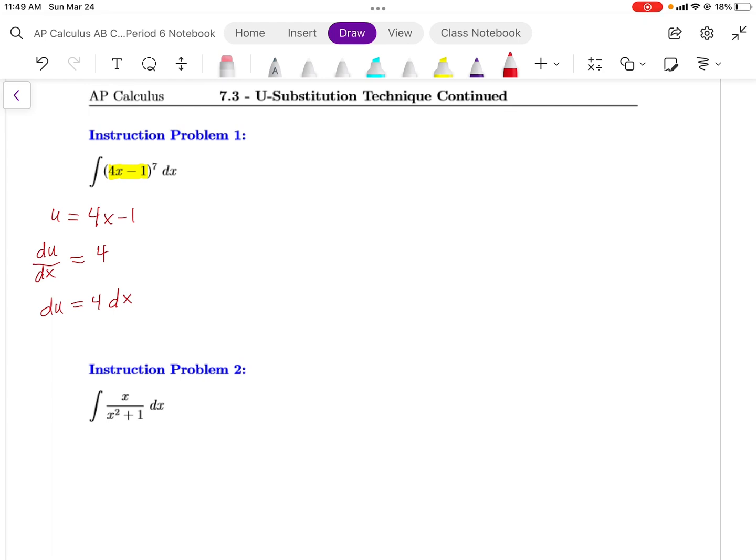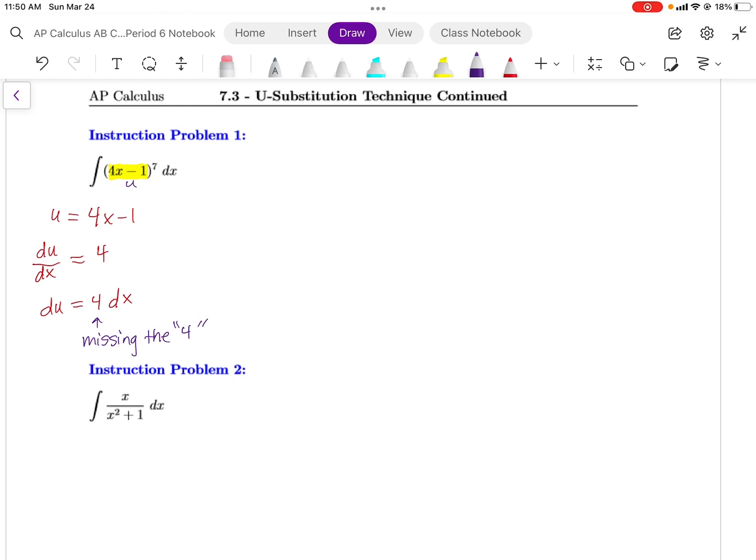Now, the only issue is that we're missing this 4, right? Because if I plug in u for what's highlighted in yellow, I don't quite have 4 dx. All I have right now is dx.